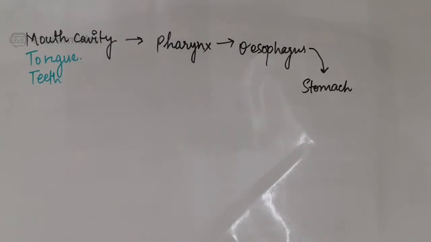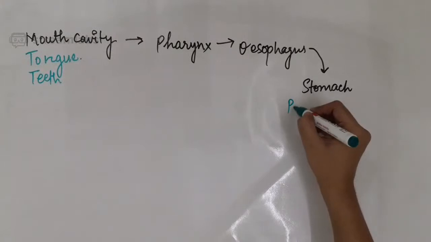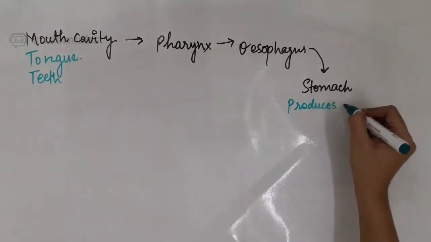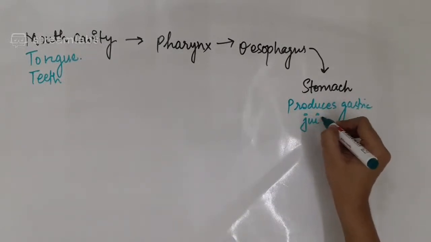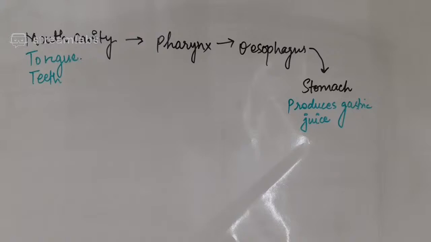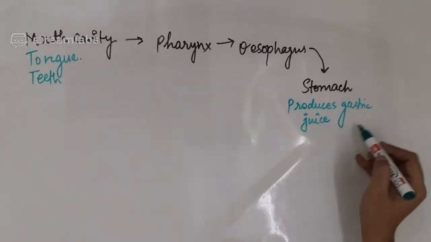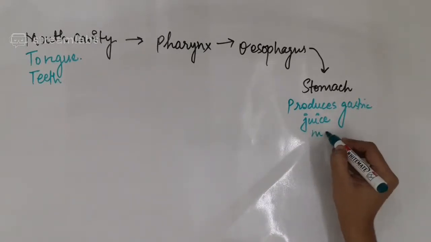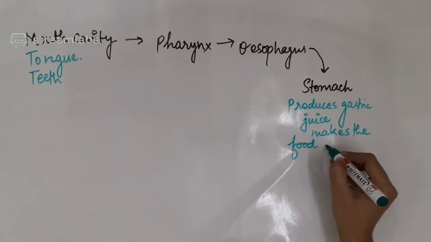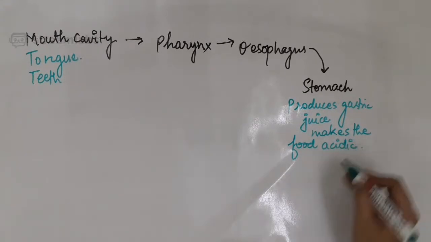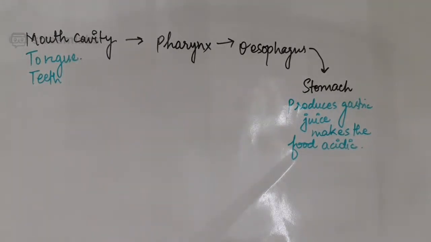Stomach produces gastric juice which helps the food for digestion of proteins, etc. And this gastric juice makes the food acidic for better absorption and digestion.